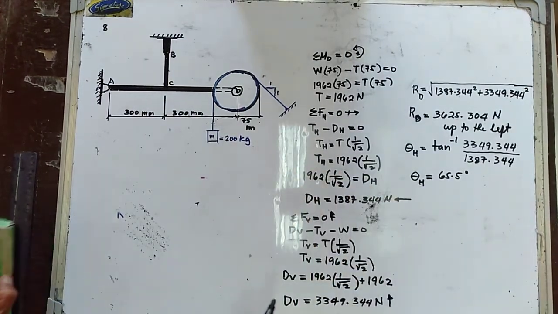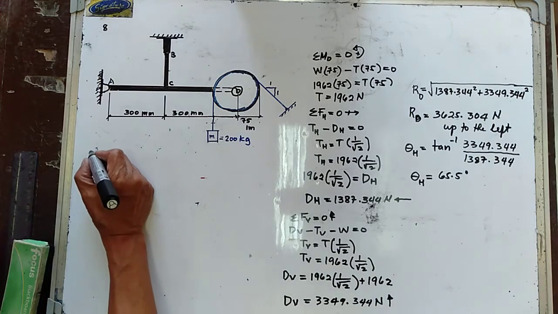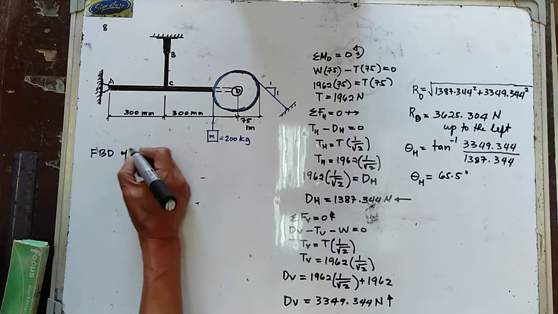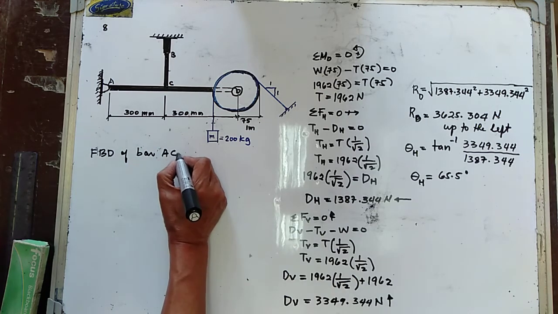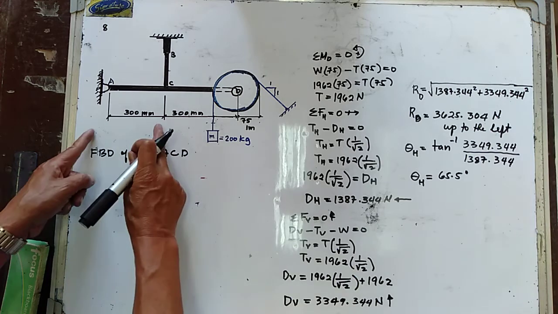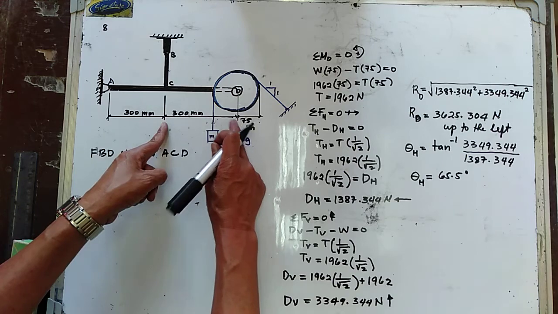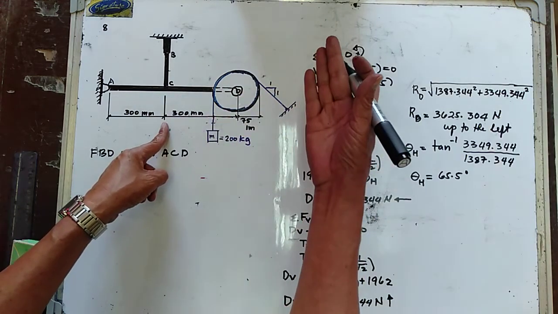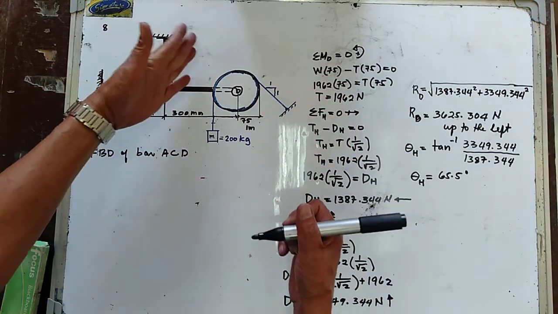Now, let's try to draw the free body diagram of bar ACD. Okay, this is 300, and up to the center of the pulley here is 300 also. You try to correct the dimensioning in the first figure.